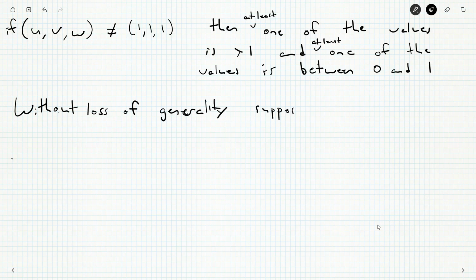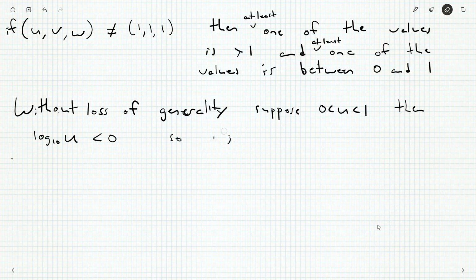Without loss of generality, suppose u is at least one of the ones that's between 0 and 1. Then log base 10 of u is less than 0.